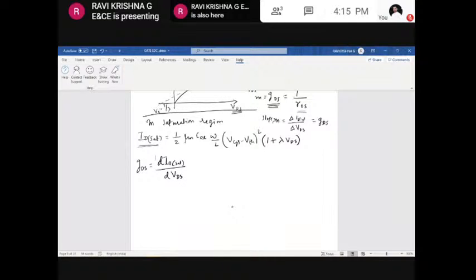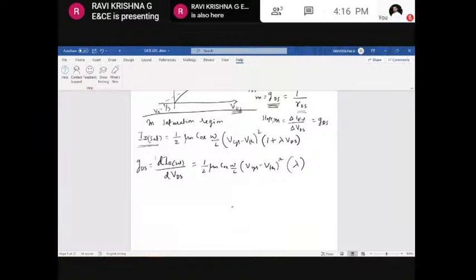So if I differentiate this with respect to VDS, what resultant are we going to get? Since we are differentiating with respect to VDS, all the other parameters will be treated as constants. So it will be 1 by 2 mu n C naught x W by L into (VGS minus VTH) whole square, and only the lambda is left out, because the differentiation of the constant part is 0.